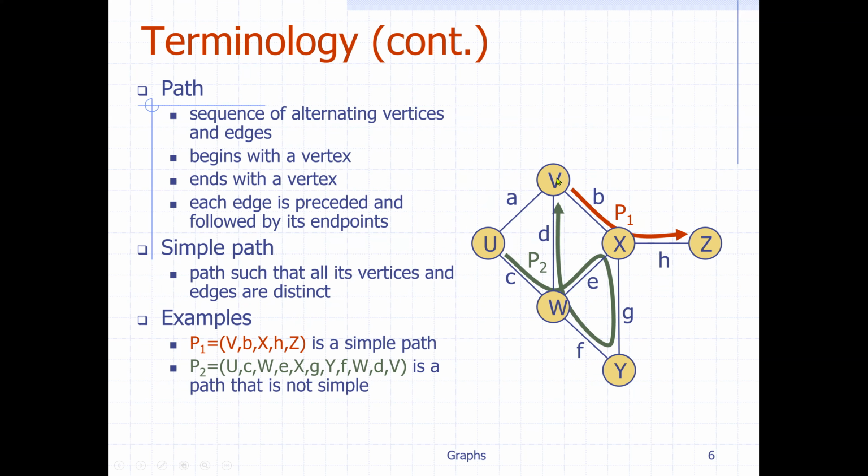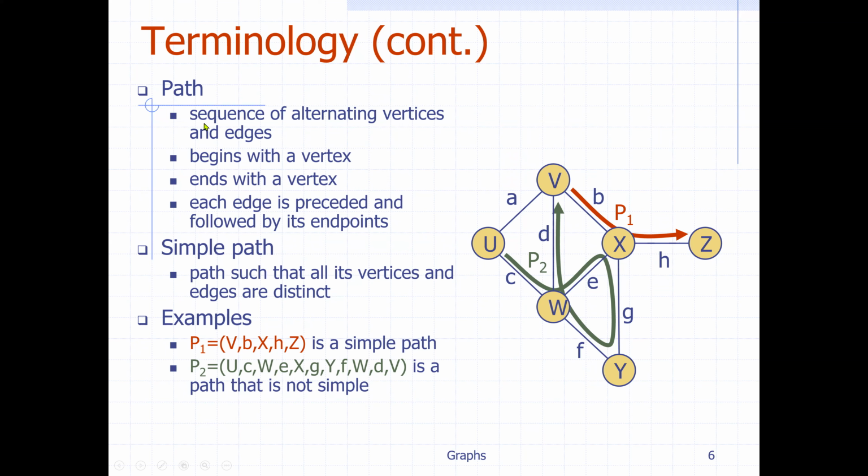A very good example here: we have a path from vertex V to Z, and the path is V, B, X, H, Z. We start with the vertex V, and we go through edge B, so we have V, B, then we go to vertex X, then edge H to Z. We will call that path P1. So the P1 path is V, B, X, H, Z.